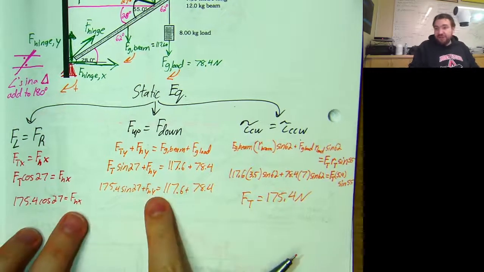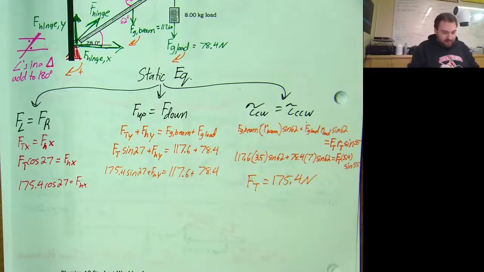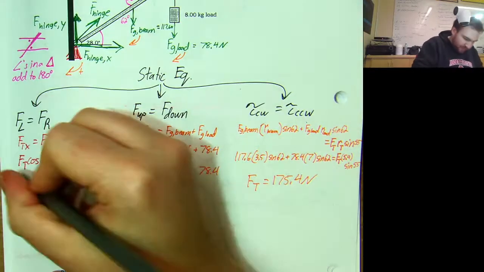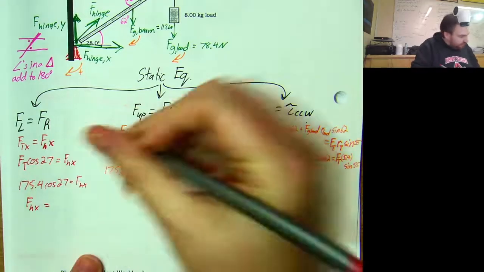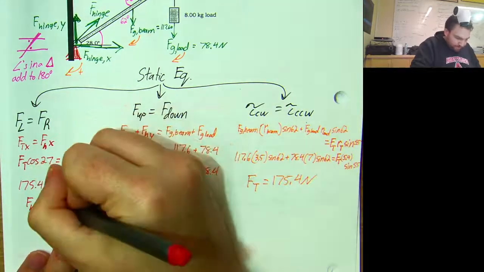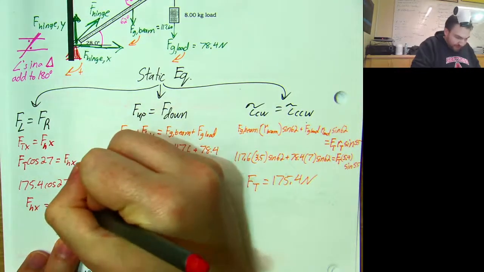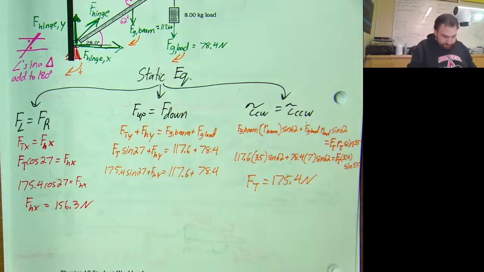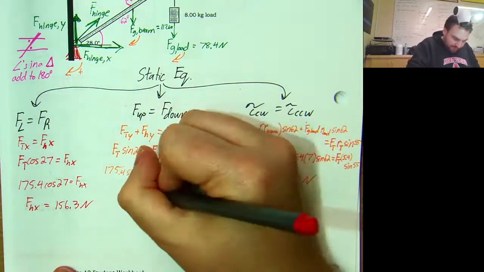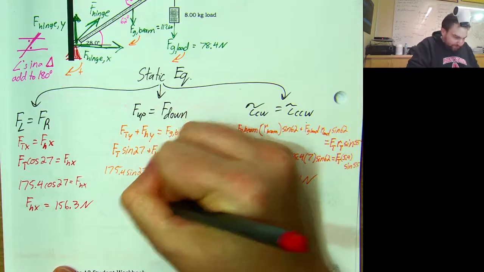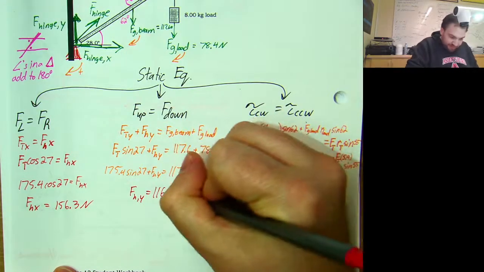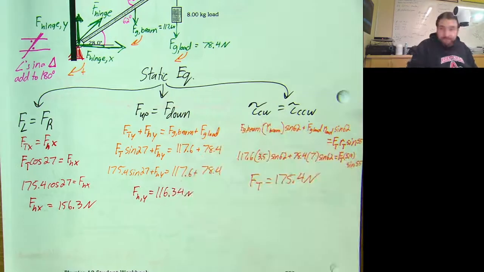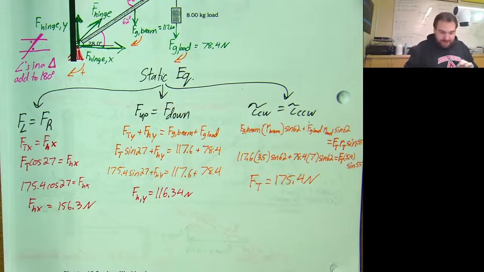So I can find hinge X and hinge Y. Force of hinge X is going to equal 156.3. F hinge Y is going to equal 116.34 newtons.